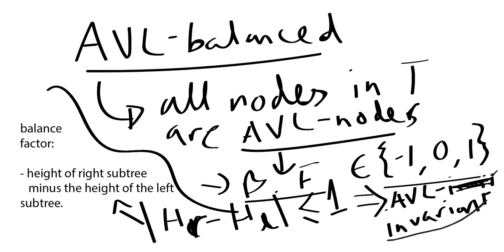So this AVL invariant, if it's satisfied for all the nodes, then indeed we have an AVL tree.